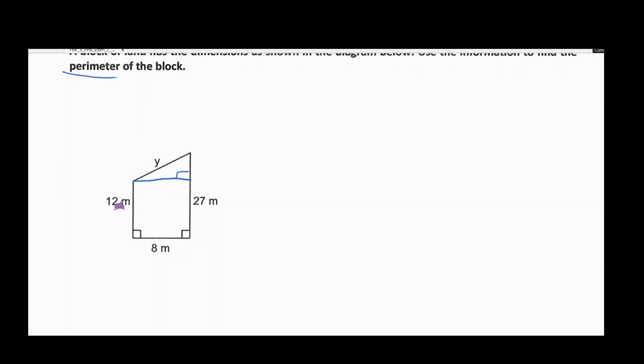So if this side's 12 and that whole bit's 27, that bit there is going to be 27 take 12, which leaves us with 15, so that's 15 there.